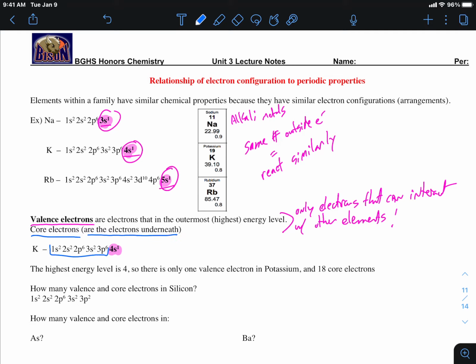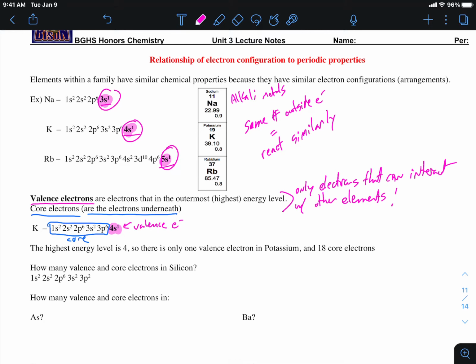These here in the blue box are the core electrons, but the pink highlighted ones are the valence electrons. In any given SPDF notation, you need to be able to identify the core electrons and the valence electrons.